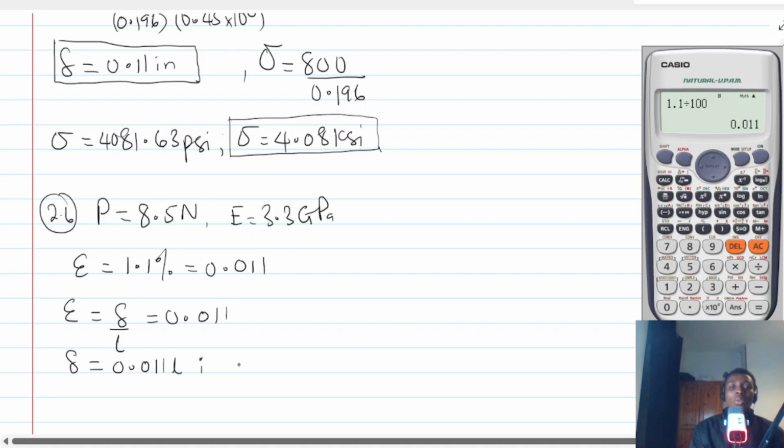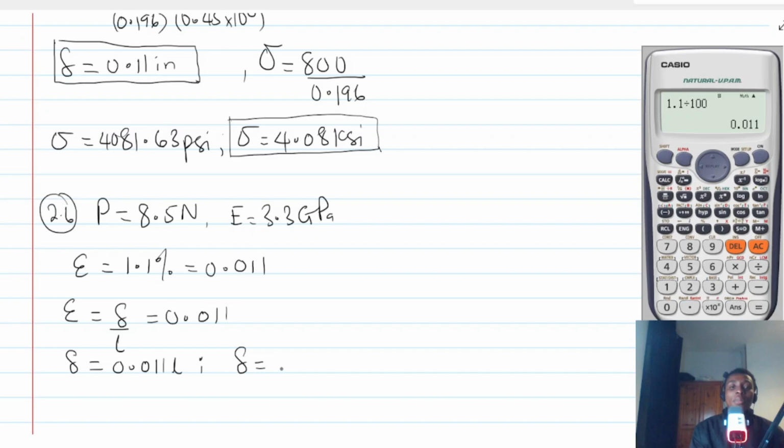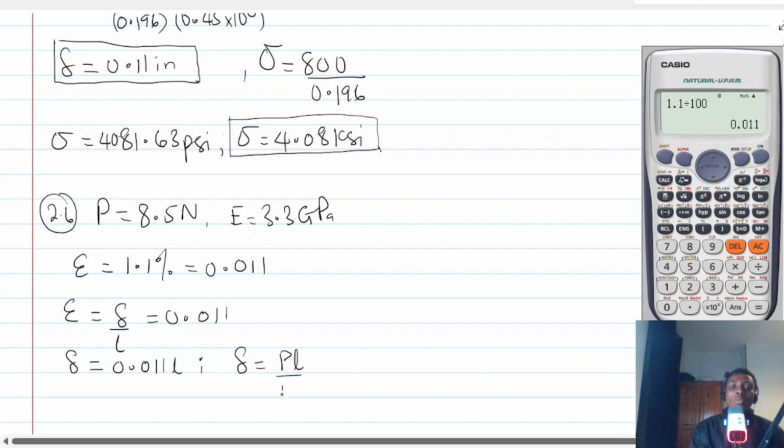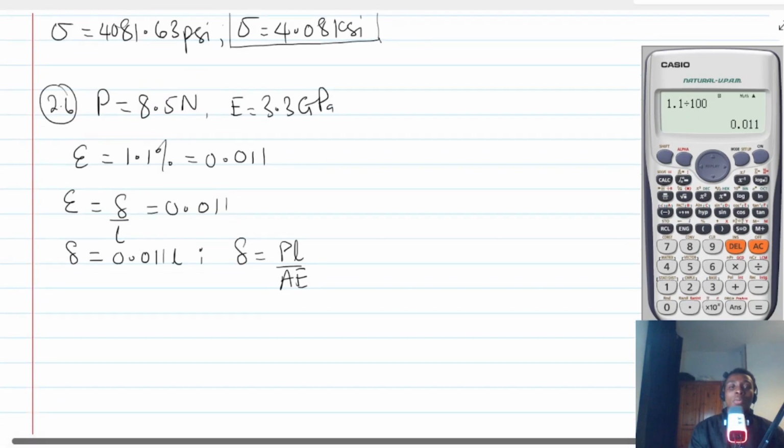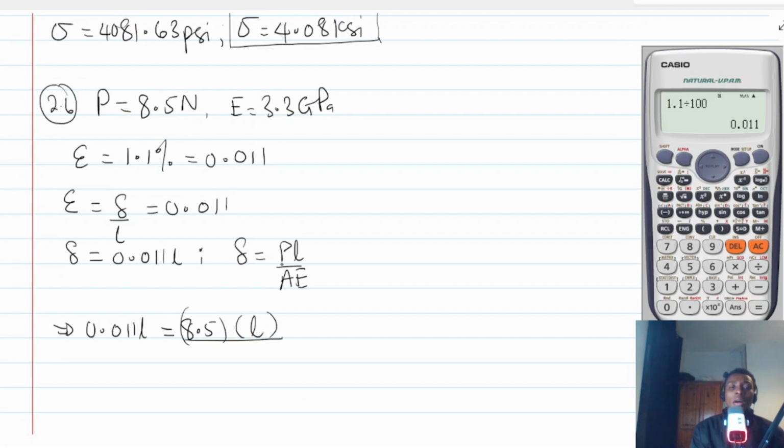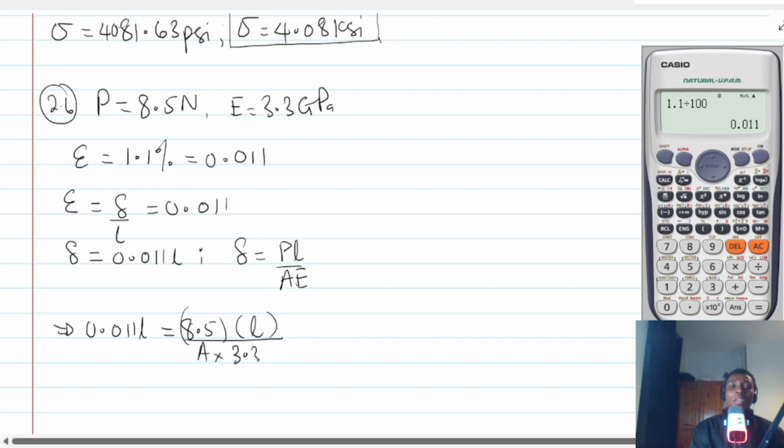But we know that delta is given by PL over AE. So since we know delta as 0.011 L, it will be P, which is 8.5, and then L, divided by the area multiplied by 3.3 gigapascal.